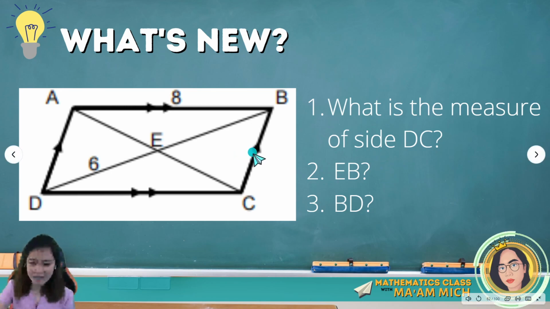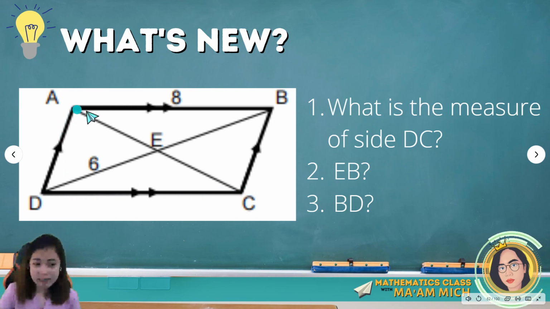Where is side BC? Okay, this one. We have our given here: side AB is equal to 8 units and segment DE is equal to 6 units. What is the measure of side BC?